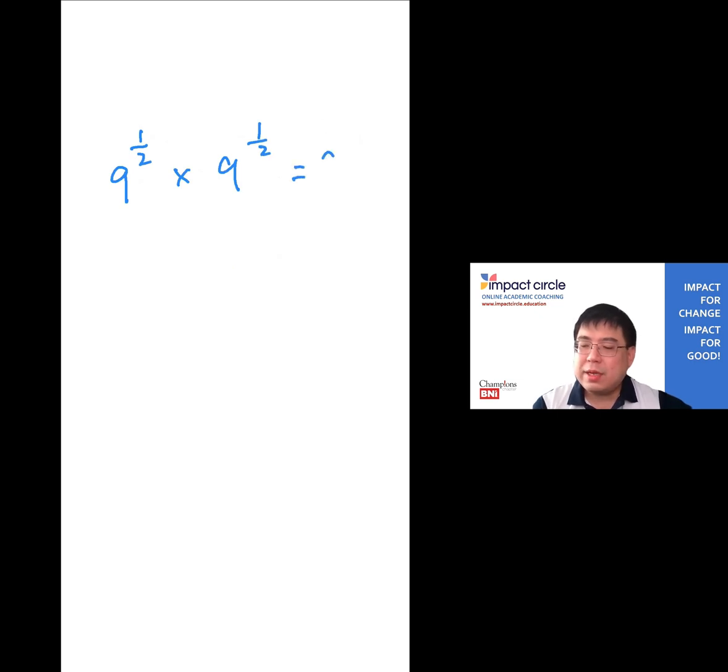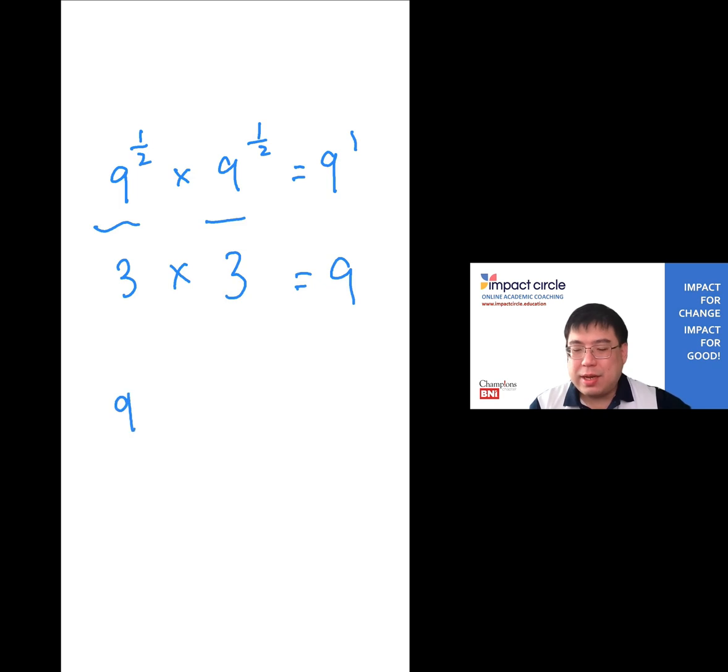And this should give you 9 to the power of 1. Right? So you have two numbers multiplied together, the same numbers, to give you 9. What must each of these be? It has to be 3, right? 3 times 3. Okay? So you can see that actually 9 to the power of half is equal to the square root of 9, which is 3.